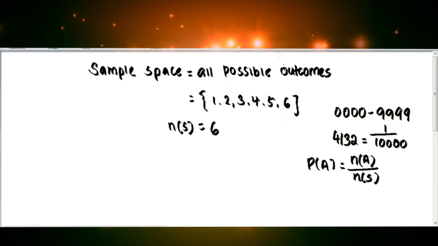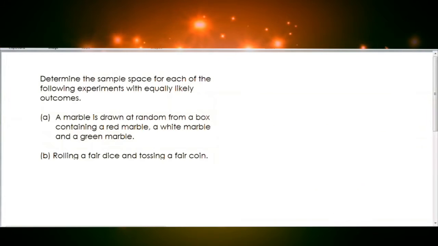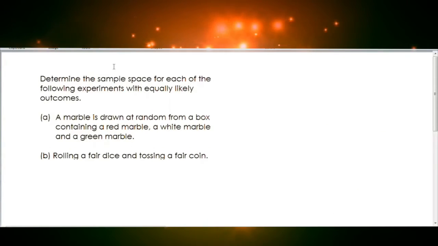So we go through example 1. Let's look at this example question, about sample space. Like I said, sample space is a set of all possible outcomes of an experiment.